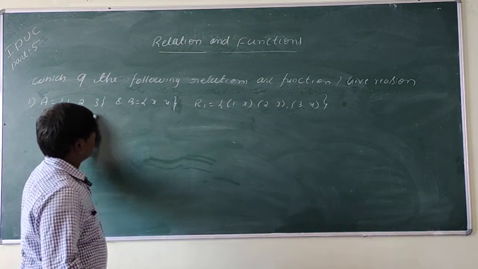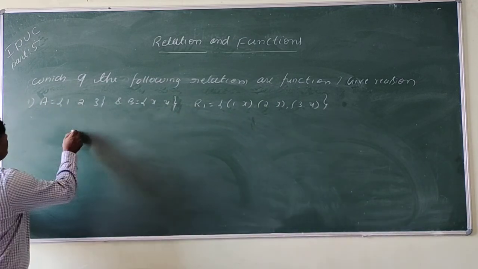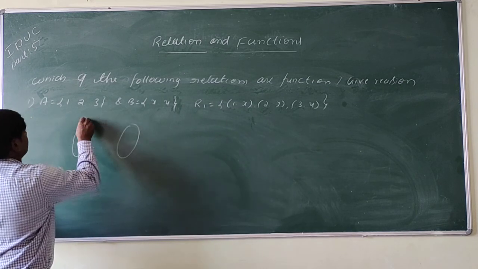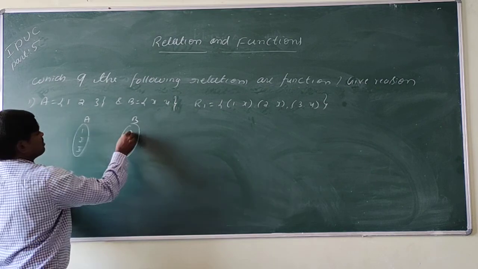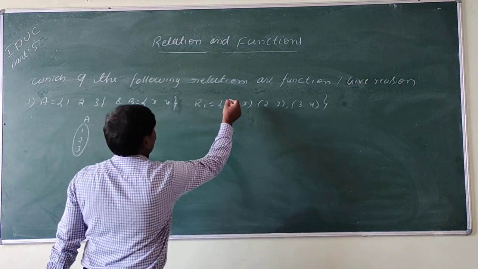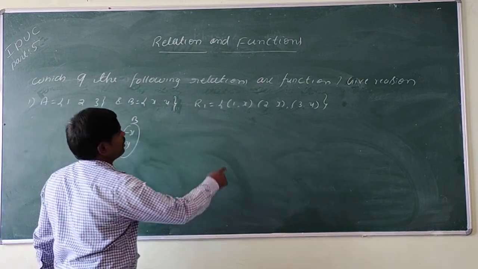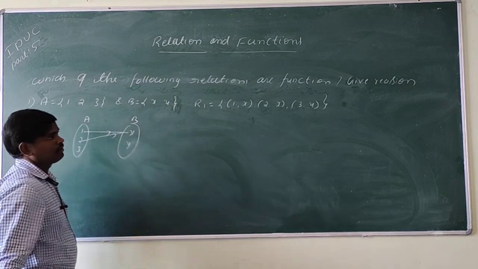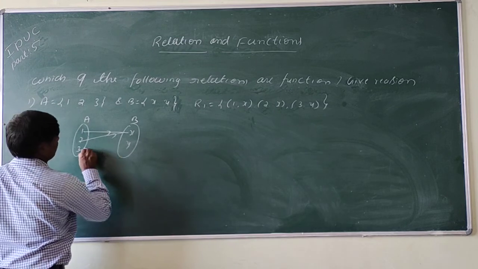So see here, this is set A and this is set B, with elements 1, 2, 3 and x and y. The relation defines that 1 is related with x, yes. 2 is related with x, yes. 3 is related with y.